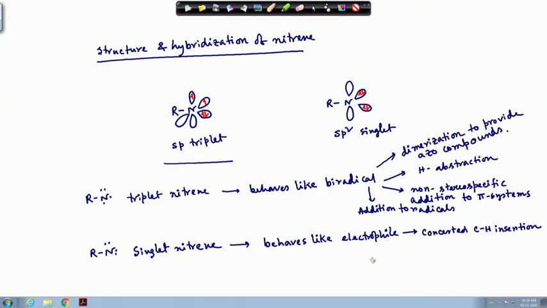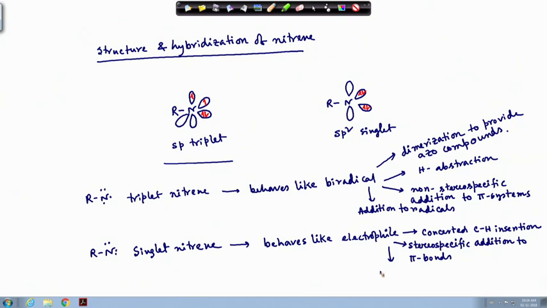Okay. Next it can give stereospecific addition to pi bonds. Or as this is working like an electrophile, having an empty non-bonding orbital, the nucleophiles can also attack the nitrenes.